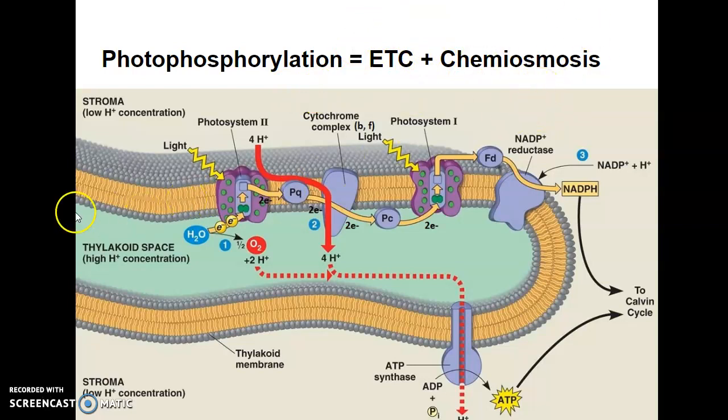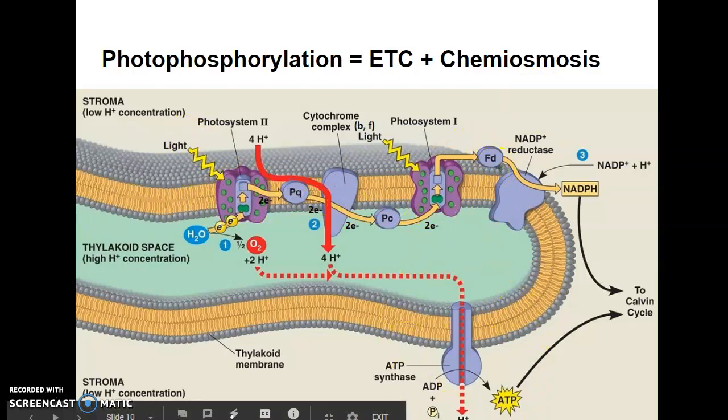Okay, so here's our thylakoid membrane. Light, we still have the electron transport chain moving, we still have the whole idea of chemiosmosis happening here, but there are some differences, right? So instead of oxygen being a final electron acceptor in order to make water, we are actually using water and breaking that down to get the electrons in order to make NADPH.